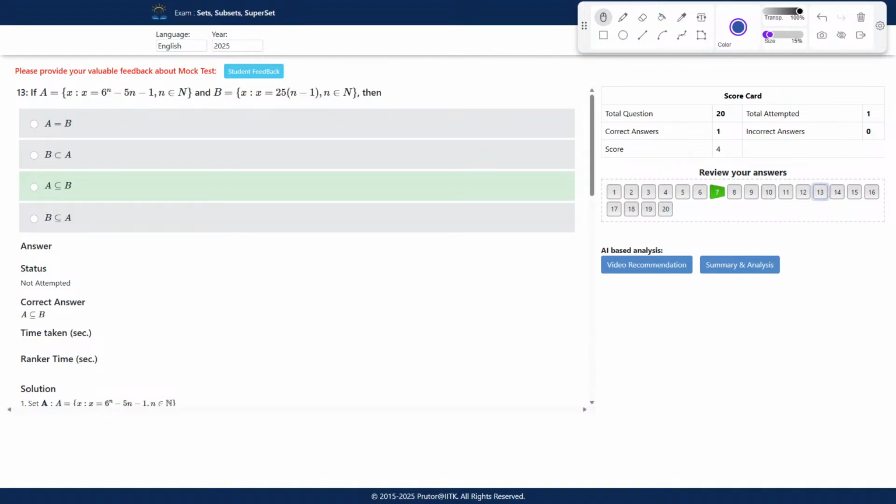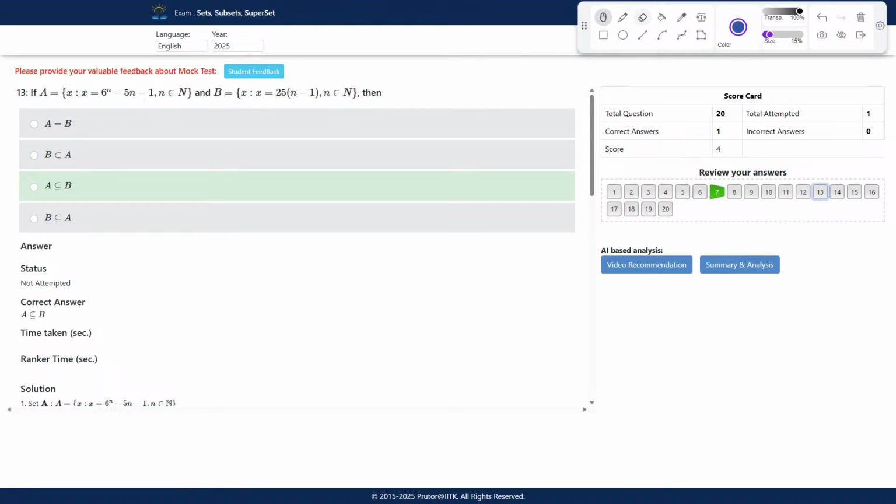So try this problem. Two sets in set builder form are given to you. Very simple. Try to write down their roster forms and see whether we are getting both sets equal. Are we getting B as a subset of A, or A as a subset of B, or this option? Clear?